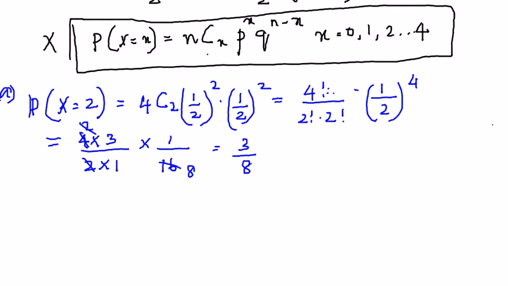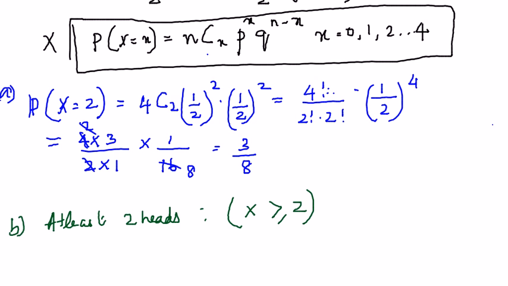Now let's do the second part. What is the probability of getting at least 2 heads? So what they are saying is, what is the probability of getting at least 2 heads? Which means that my x can be greater than or equal to 2, which means at least 2 heads I must get, or I can get even more than that, right?